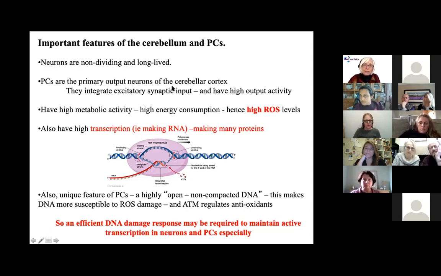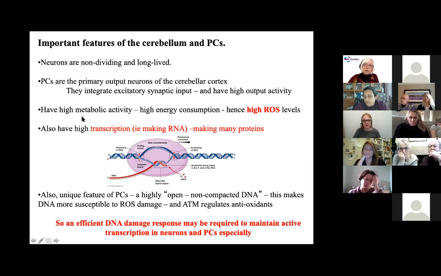The Purkinje cells take input signals and then output signals. Again, I'm not a neurobiologist, but the consequence of all this is that they're very metabolically active. They have high energy consumption and they have high levels of these reactive oxygen species, mainly because they're doing so many activities in the cell.